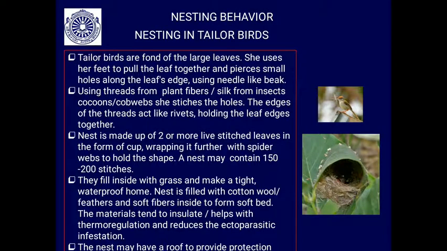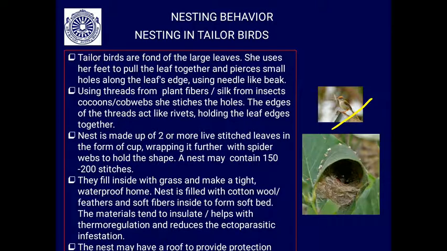She uses her feet to pull the leaf together and pierces small holes along the leaf's edge, using her beak like a needle. Using threads from plant fibers, you may see in this picture she is bringing the plant fibers, or she collects silk from insect cocoons, or else she uses cobwebs or spider webs.